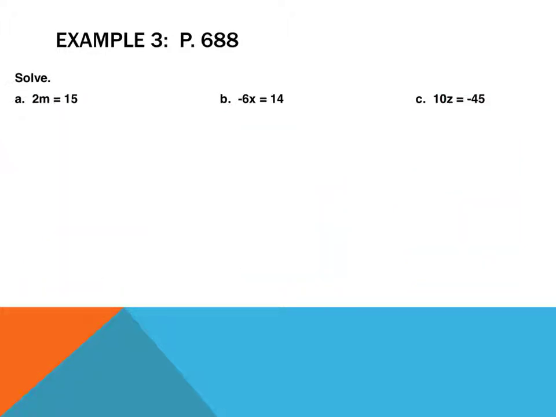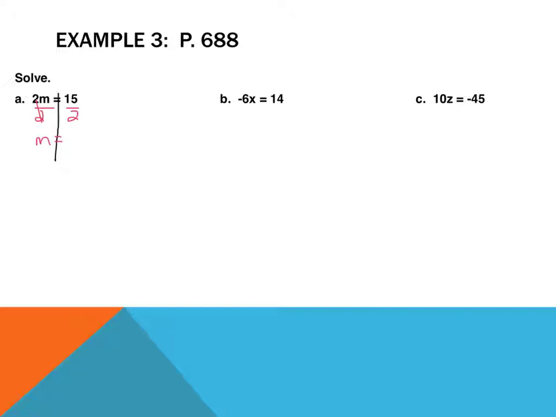Okay, in example 3, we will continue solving equations. So A is 2 times m equals 15. So we'll divide both sides by 2. So m equals 15 divided by 2. I could change that to a mixed number, but I really don't need to.